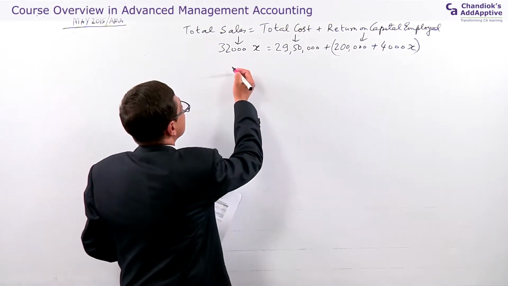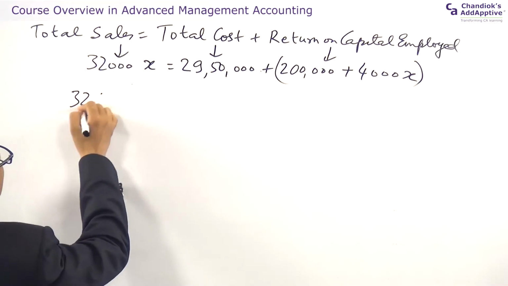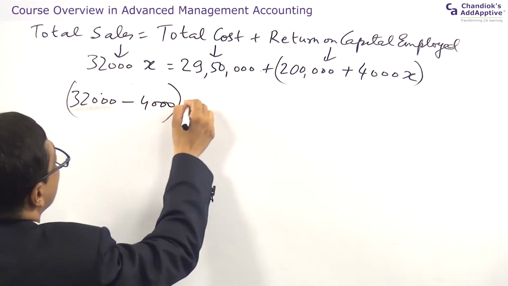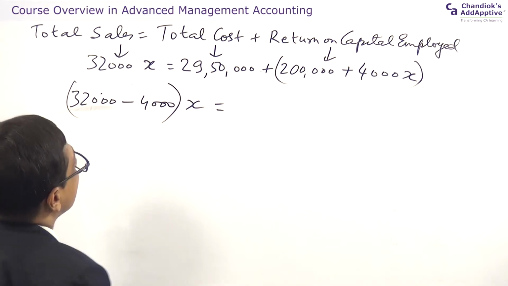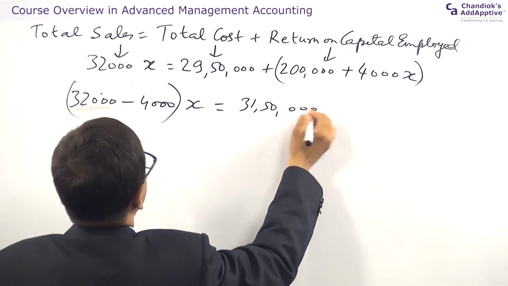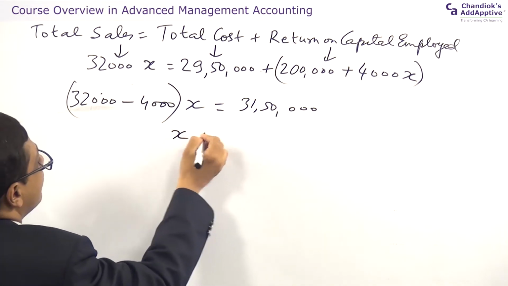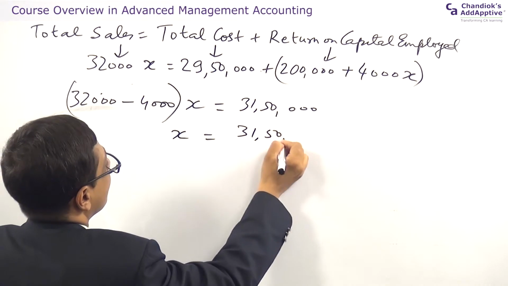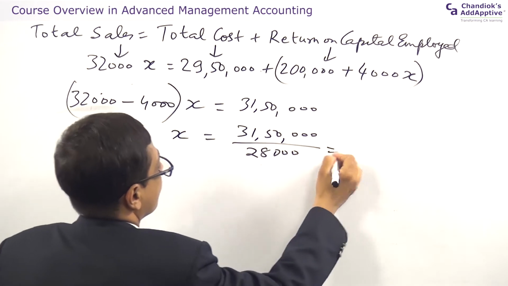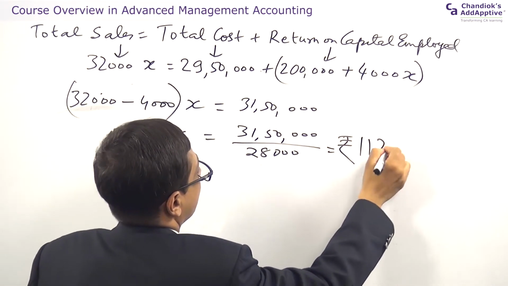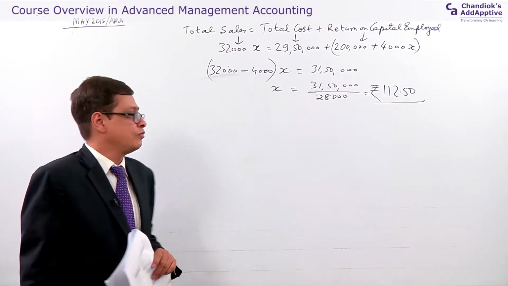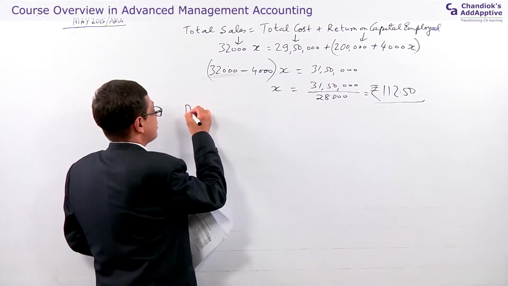So let us solve the equation. 4,000x comes at one place. So x is 112 rupees 50 paise.